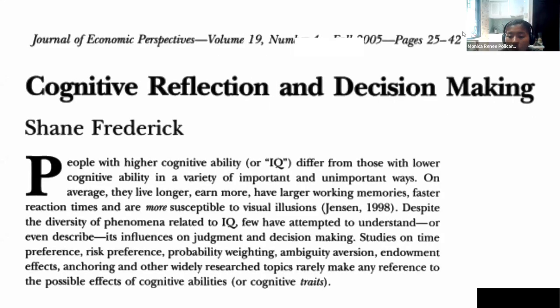So here's an example of an empirical paper. If you found this article, when you scroll down, it has a preliminary investigation with empirical testing on the effect or the correlates of cognitive reflection in decision making.